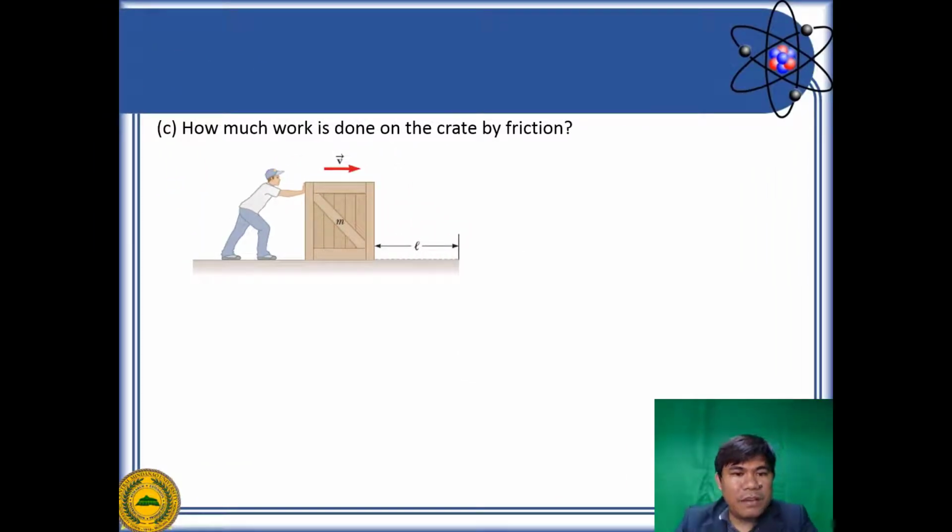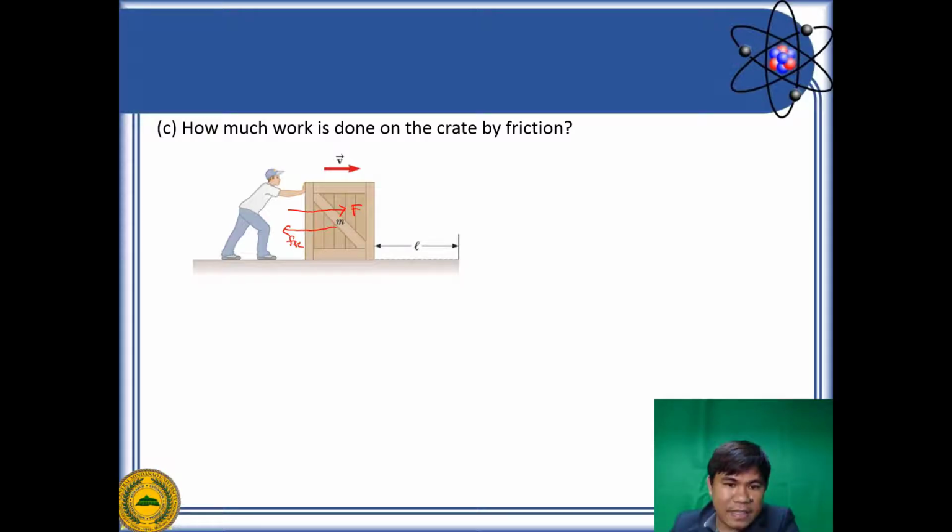So for letter C, we have how much work is done on the crate by friction. Notice that previously we discussed that the kinetic friction is directed towards the left, so that's Fk, and the force applied by this human being towards the crate is towards the right.